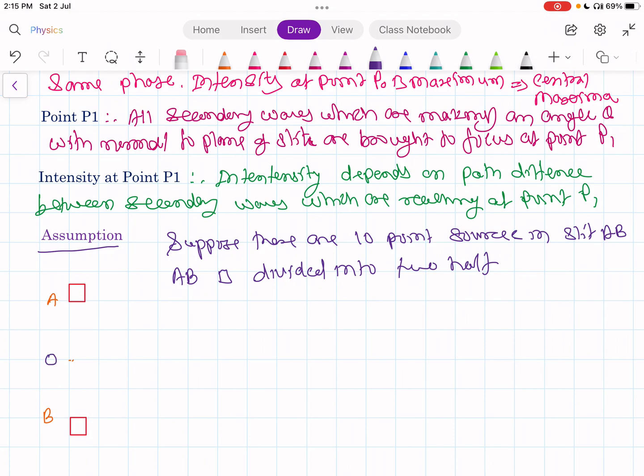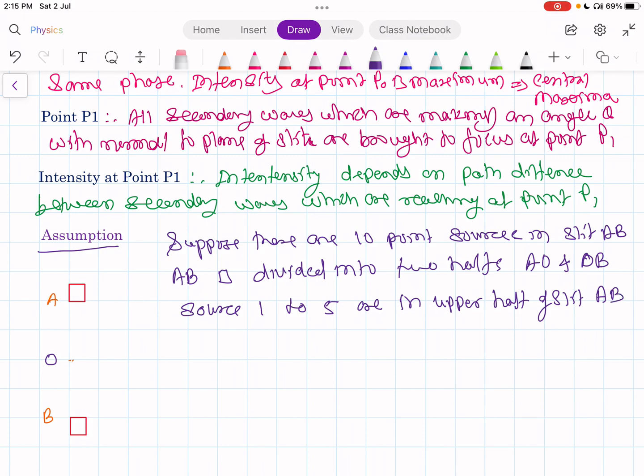So this is, say, the midpoint, AO and OB. And total, there are 10 point sources. So source 1 to 5 are in the upper half of slit AB. That is in the region AO.